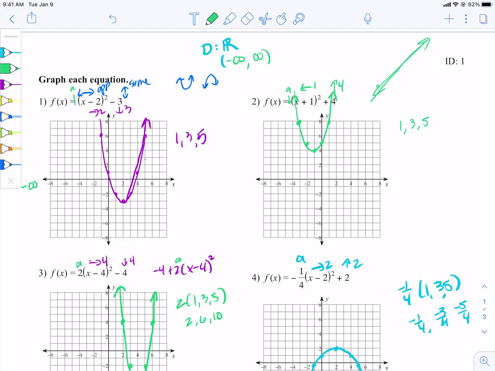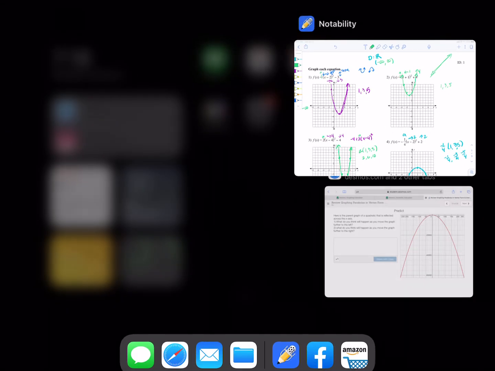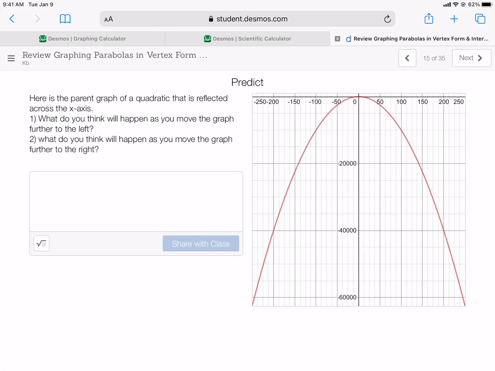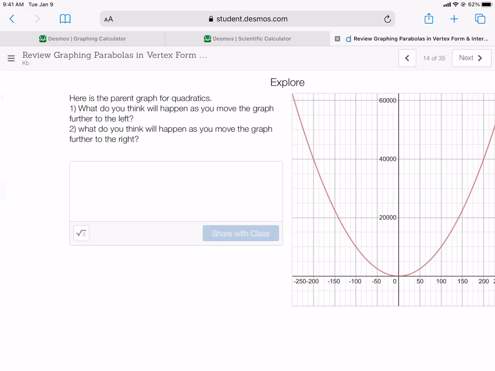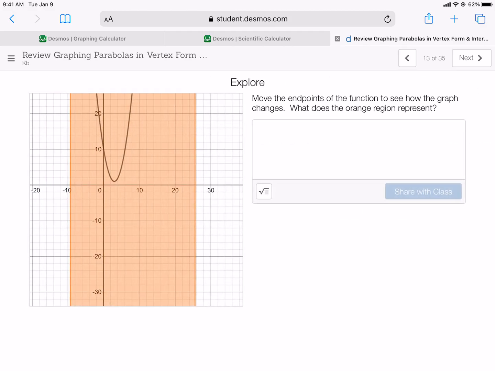Now we do have things that have just a partial domain. If we go back and we look here, you can restrict the domain. So we have just a portion that you can look at here, right? I moved that one so far that you can't see.